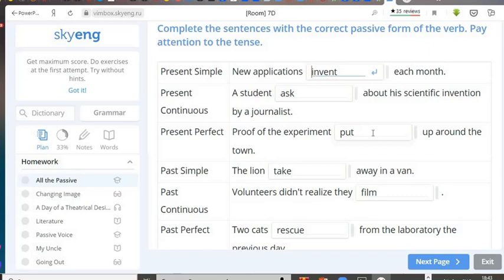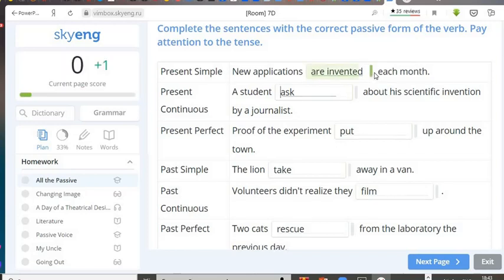So, and the answer is new applications are invented each month. Новые приложения изобретают ежемесячно. So look, we are right.